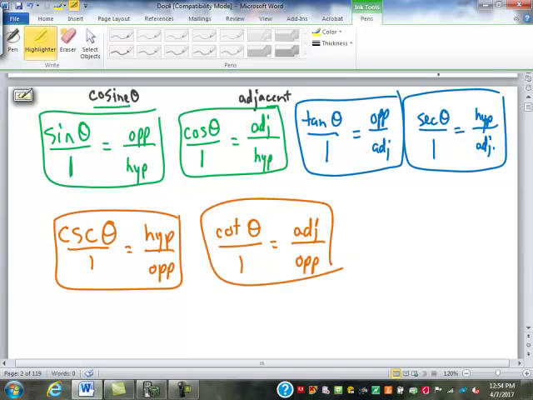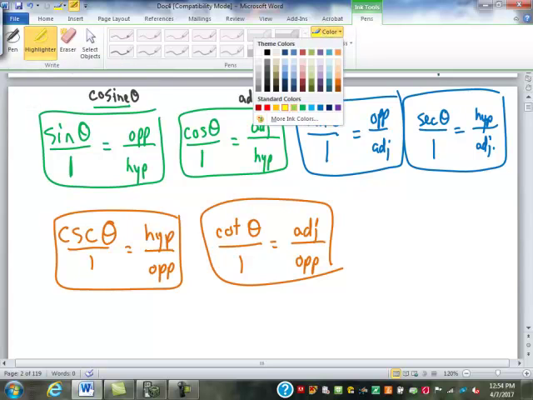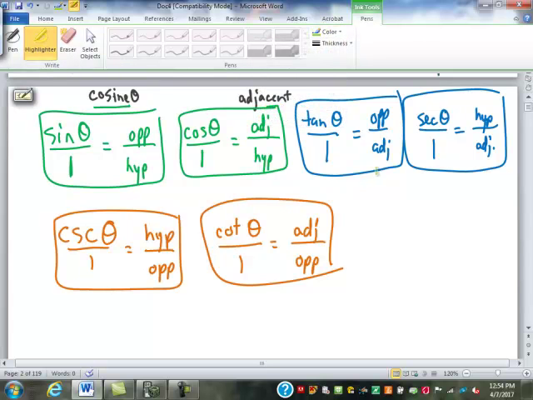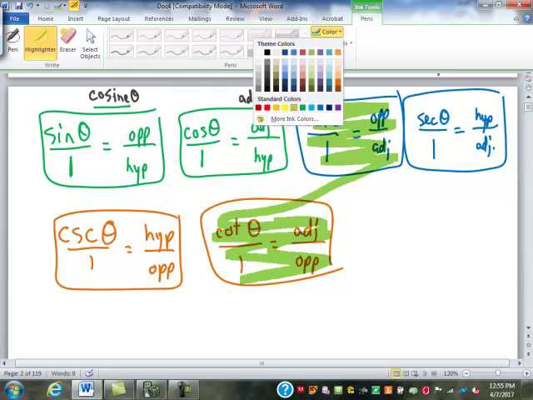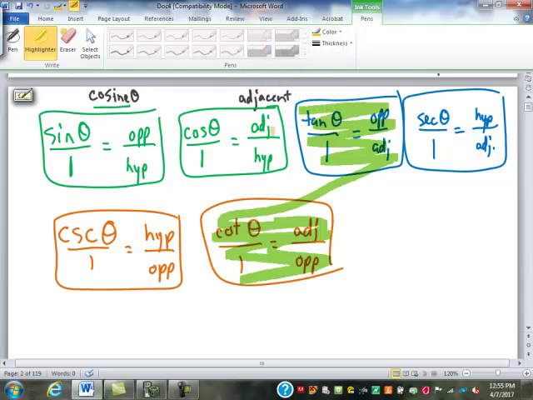Now, as you look at these, you will see that they appear to come in pairs. They don't just appear to, they do come in pairs. For example, tangent is opposite over adjacent. Cotangent is adjacent over opposite. They're reciprocals. You flip one over, you get the other. Cosine is adjacent over hypotenuse.